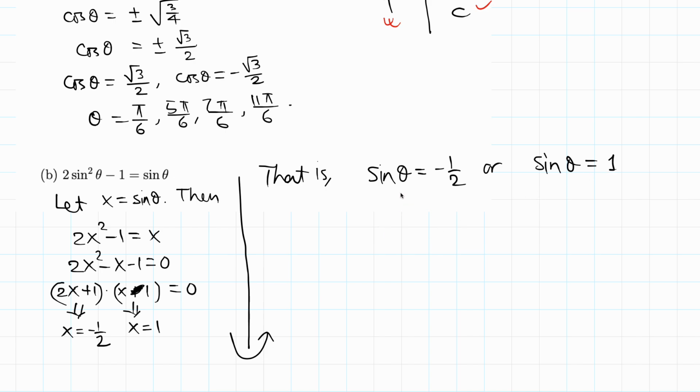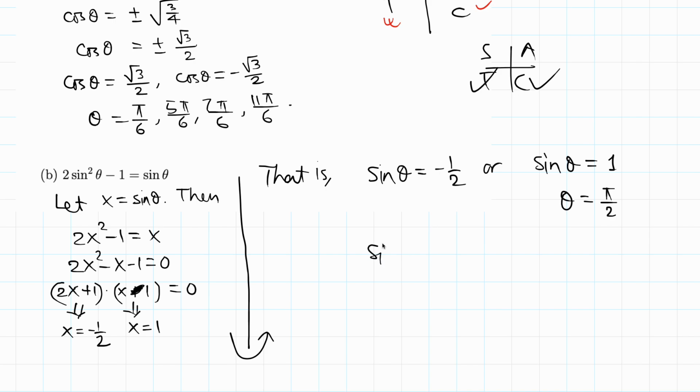Now we need to figure out the angles where sine theta is negative 1/2 and sine theta is 1. Sine theta is 1 in only one place, that's 90 degrees, which is pi over 2. That's the only place; you can go look at the unit circle. Sine theta means y coordinate, 1 at pi over 2. Sine is negative in the third and fourth quadrants, by the way.